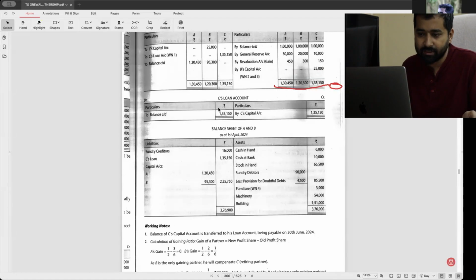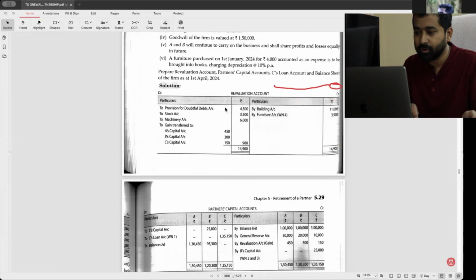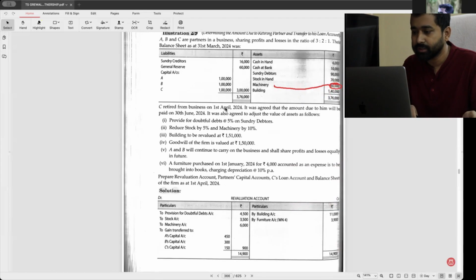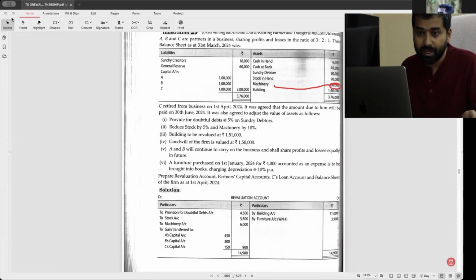And after that, no payment was made to the retiring partner, so cash at bank also, the same amount I am transferring. So I will check now whether any of the transactions have not been considered for the new balance sheet.